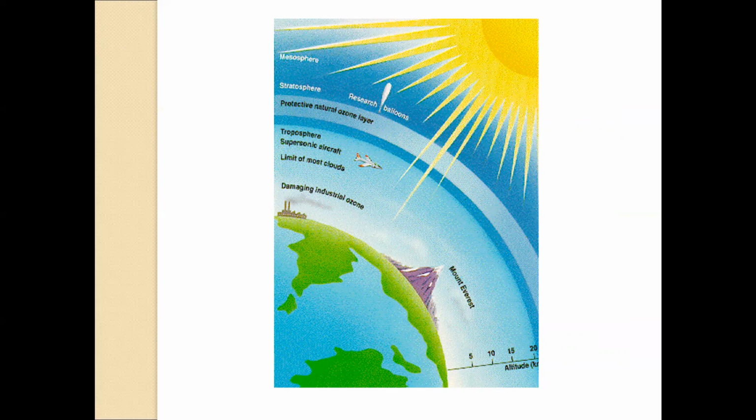If we didn't have it, one, we would get beamed by super harmful radiation from the sun, and two, heat would not be as trapped close to the planet. So we would have much harsher climates on Earth. The days would be much hotter, the nights would be much colder, because the ozone layer serves partially to insulate the planet, which is very nice for us.